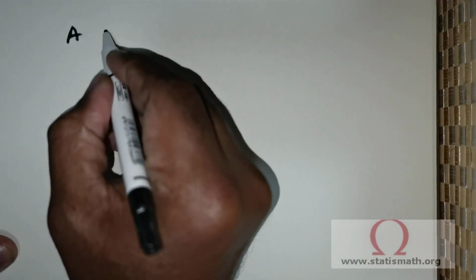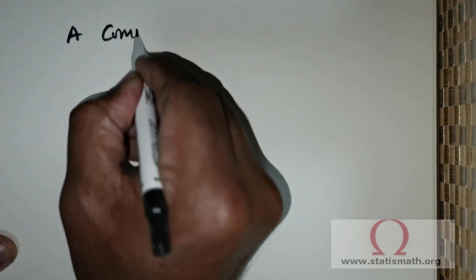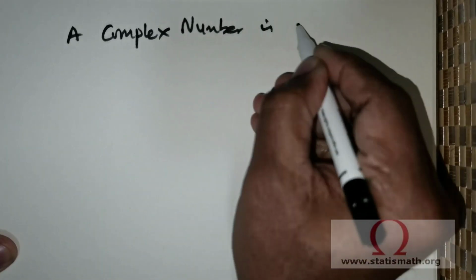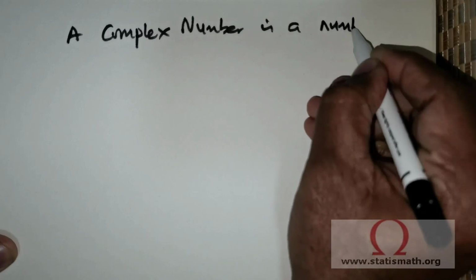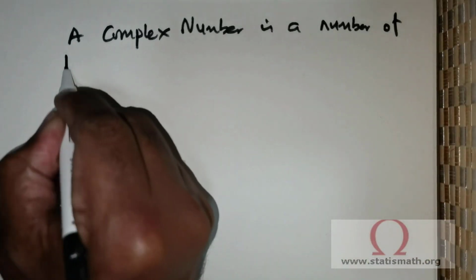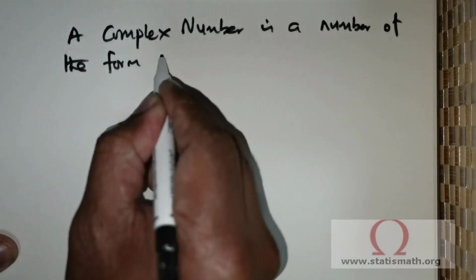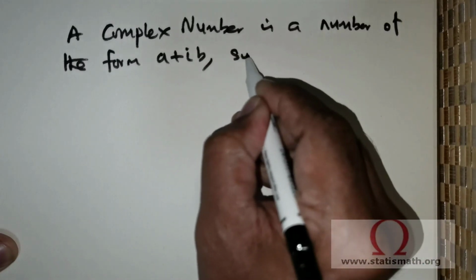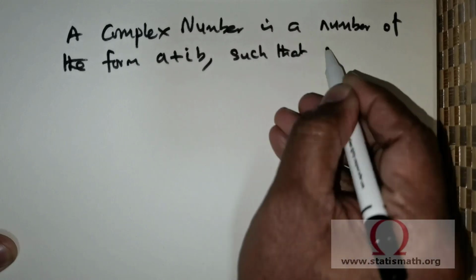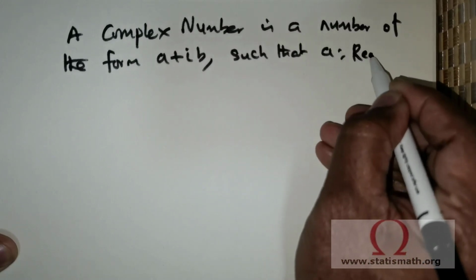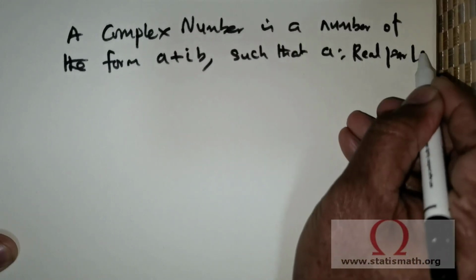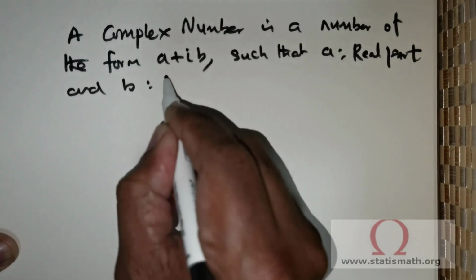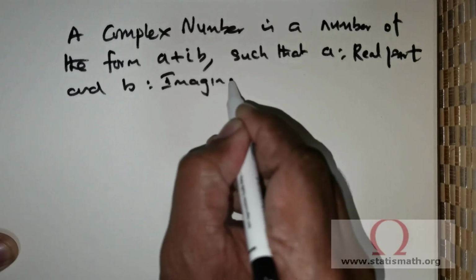You can write it down: a complex number is a number of the form a + ib such that a is called the real part and b is called the imaginary part.